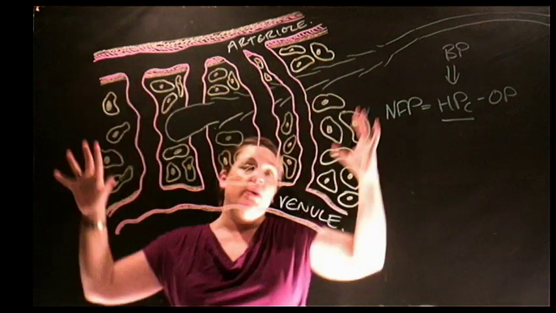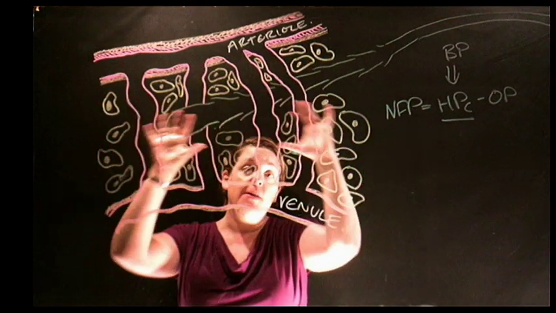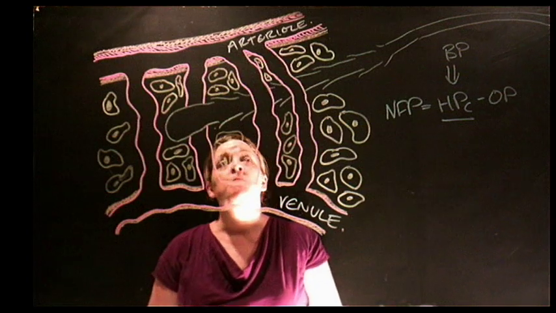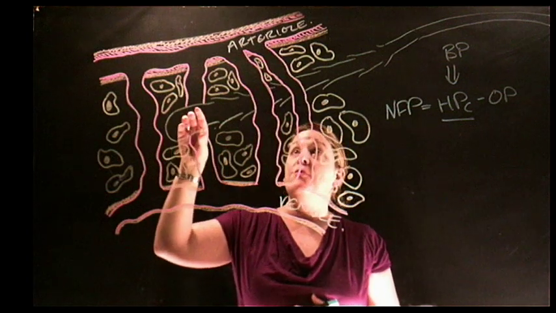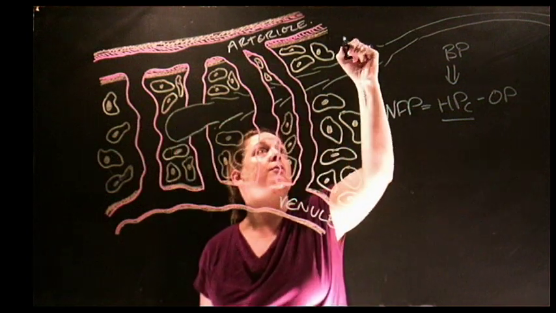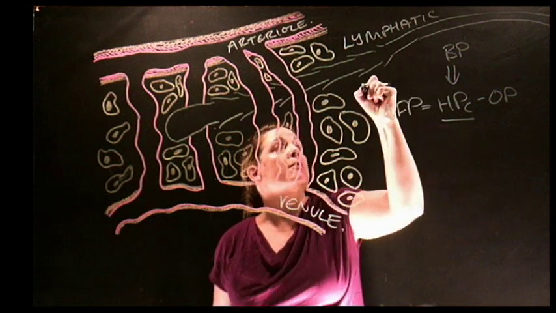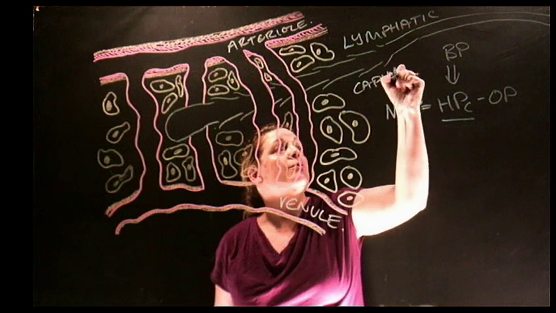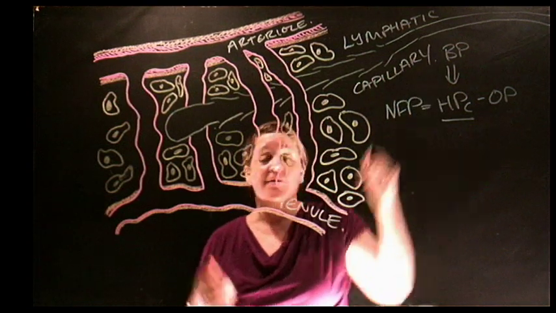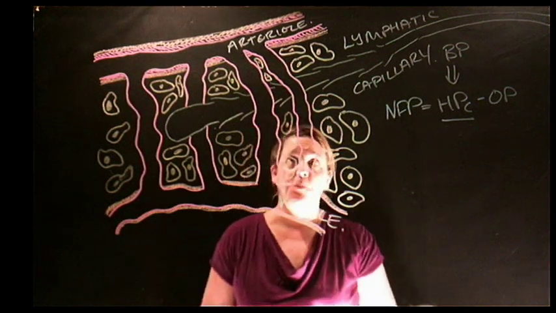Now interwoven into our tissue bed, into our capillary bed, are blunt-ended vessels called lymphatic capillaries. And the premise of the lymphatic capillary is to remove excess fluid from the tissue.